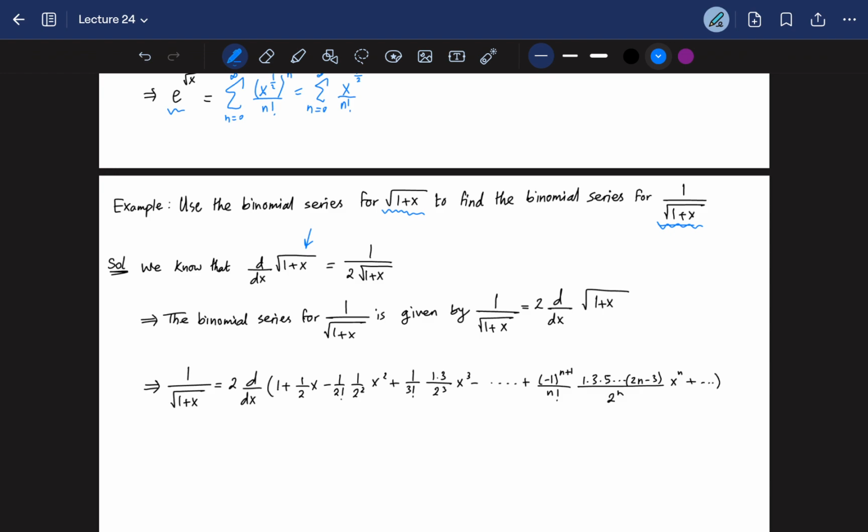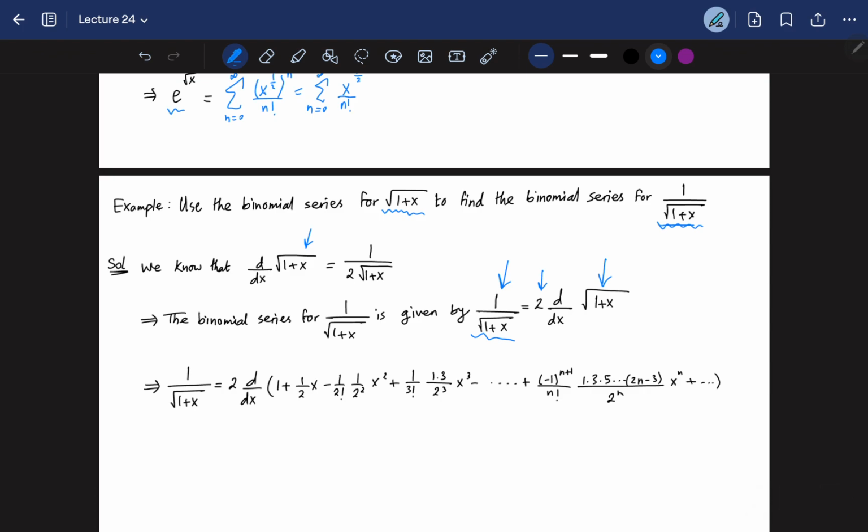So the binomial series would be given as follows. Since this function is equal to 2 times the derivative of the square root of 1 plus x, the binomial series of the function that we want to find would be equal to 2 times the derivative of the binomial series for the square root of 1 plus x.